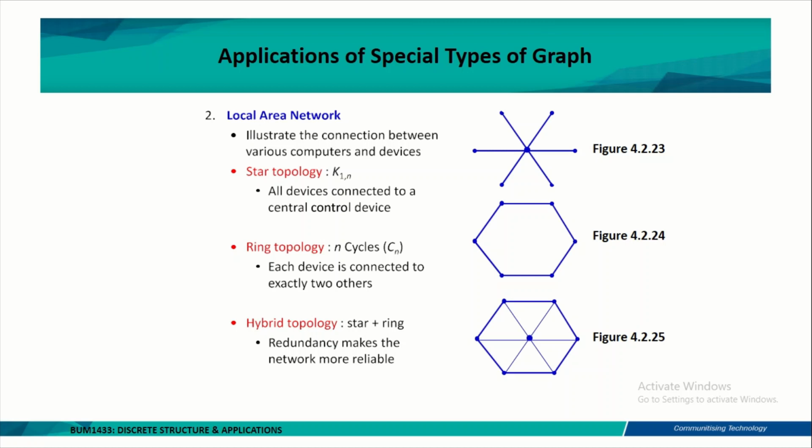Figure 4.2.23 is the star topology K1,N with all devices connected to a central control device, while figure 4.2.24 is the ring topology in which each device is connected to exactly two others, while figure 4.2.25 is the hybrid topology which is star plus ring. Its redundancy makes the network more reliable.